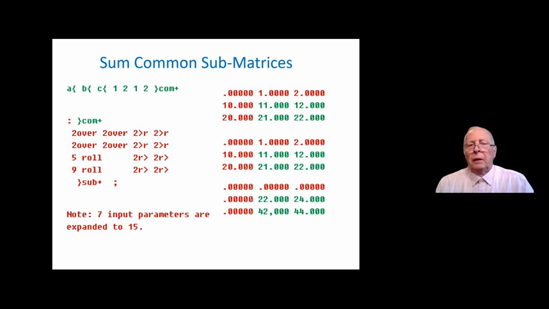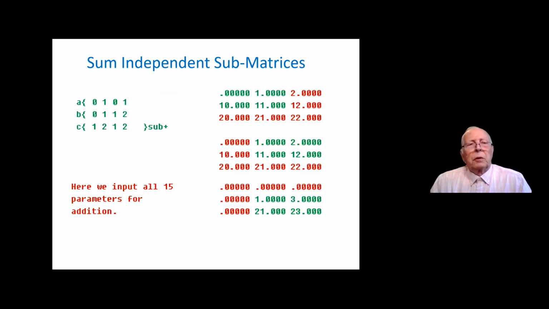And on the right, in green, we can see the highlighted areas that were taken. The submatrix contains 11, 12, 21, and 22, added to the same value, and at the bottom right, we get the total of those 2 submatrices. And again, on the center left, the definition for complex. Again, all of those rows and columns and R's are to align properly all the parameters necessary for the Subplus operator.